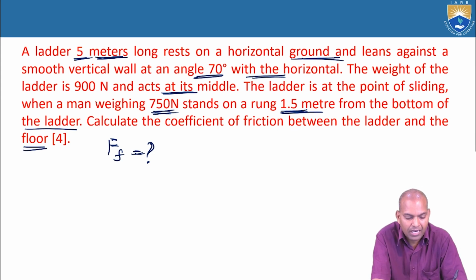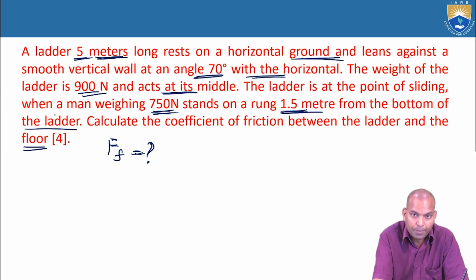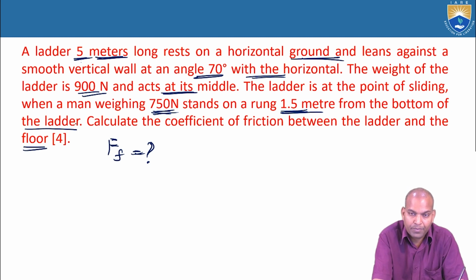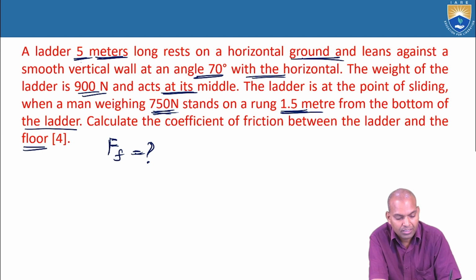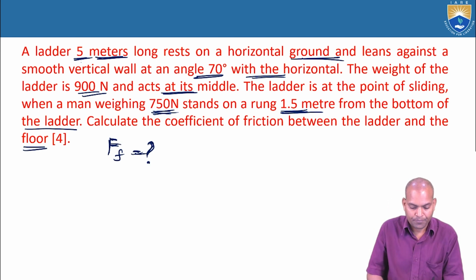The weight of the ladder is 900 newtons, acting at the middle of the ladder. The length of the ladder is 5 meters, so the weight of the ladder acts at a distance of 2.5 meters. The person stands at a distance of 1.5 meters from the bottom of the ladder. What is to be calculated? Again, the frictional force FF and the coefficient of friction.